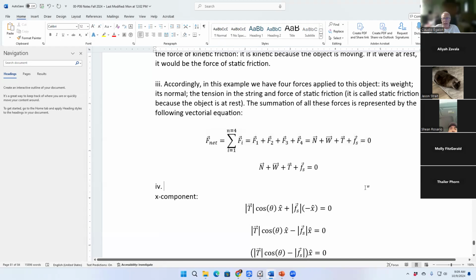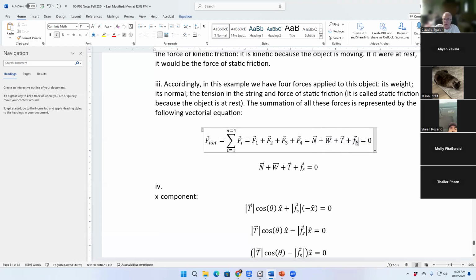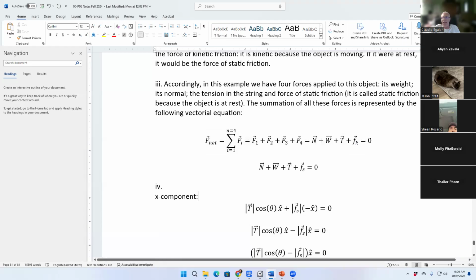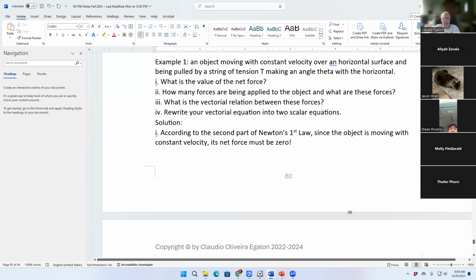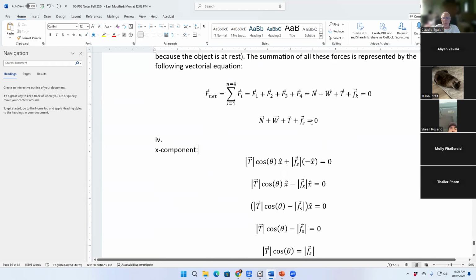Each one of those forces is the normal, the weight, the tension, and the force of kinetic friction. Substitute the S by K. We didn't finish yet. The vectorial relation between those forces is this equation that you see right here.